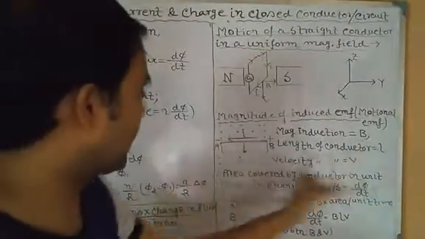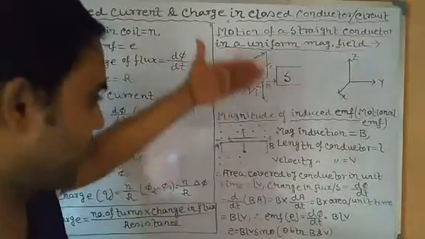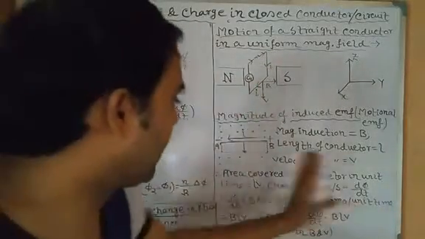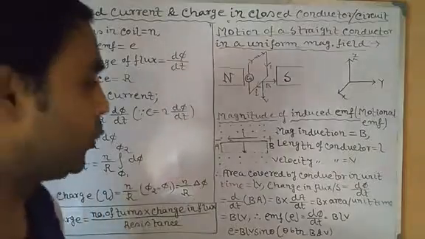Suppose the length of the conductor is L, and the velocity of the conductor, the motion in which it is moving up and down, is V. So now the area covered by the conductor in unit time is equal to L into V. What does it mean?